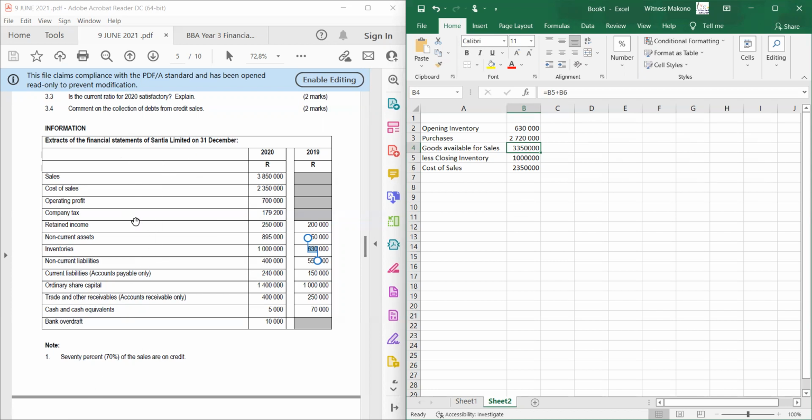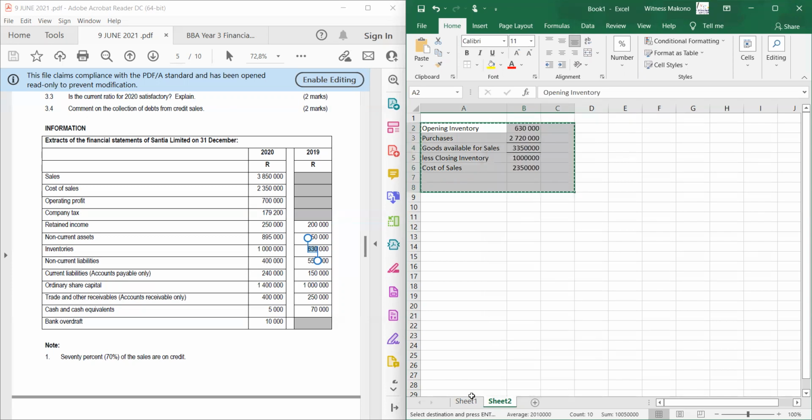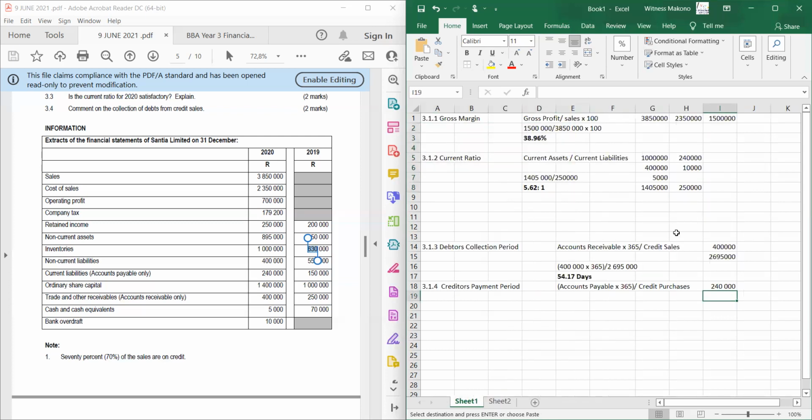Because you will not find purchases here, you have to use this formula. Let me cut it. Can you label it, please, Jasper? Yes, let me cut it and paste it here on sheet number 1.